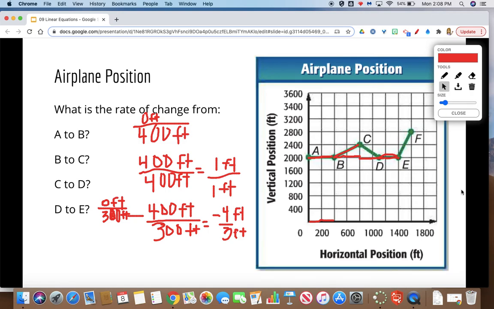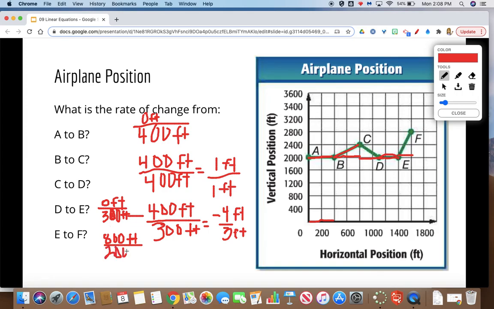And my very last change here was from E to F. We notice quite a big increase there as we go from E to F. Vertically, we jumped up 2 boxes, each box being worth 400, so together that's 800 feet vertically. Over 1 box horizontally, which is only 200 feet.